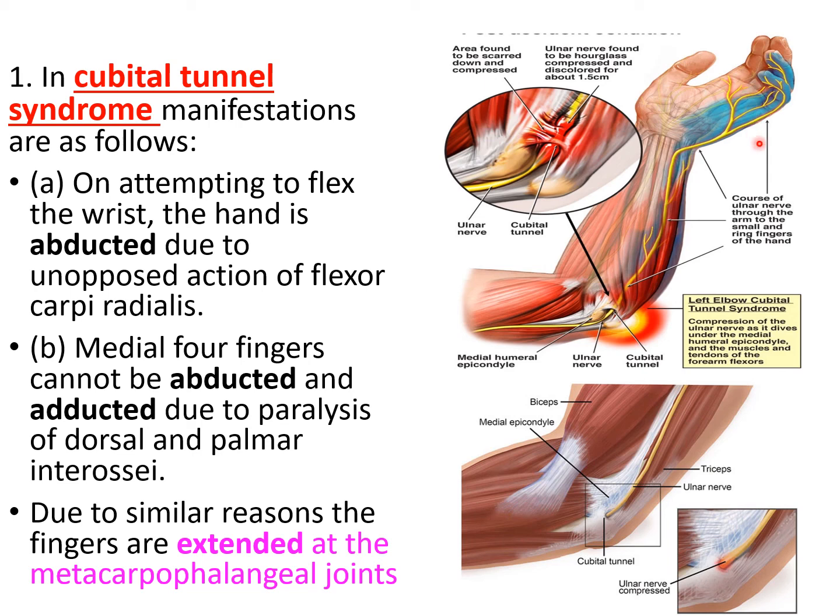The medial four fingers cannot be abducted and adducted due to paralysis of dorsal and palmar interossei. Due to similar reasons, the fingers are extended at metacarpophalangeal joints by the action of common digital extensor, and this results in passive flexion of interphalangeal joint.